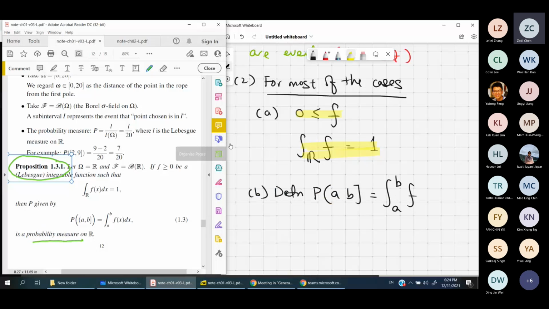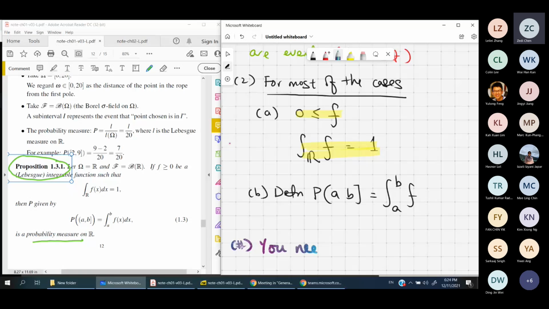Again, what are the important notes? You need to verify these two conditions, and that's the only thing you need to do.